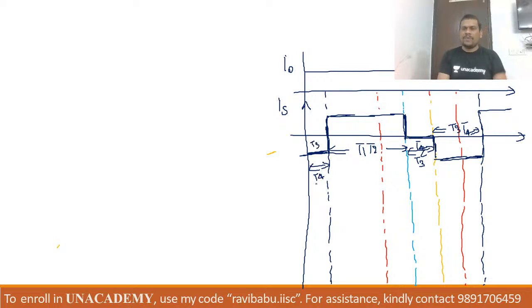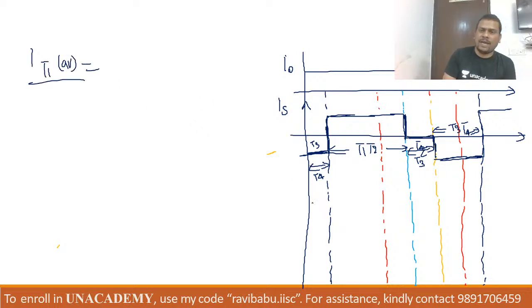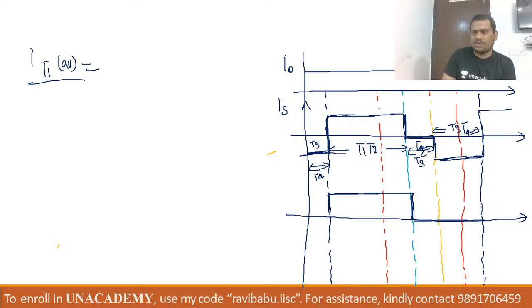Now, everyone listen to me carefully. What will be the IT1 average? T1 is on only in this range, otherwise IT1 is 0, and again it will trigger in this fashion.